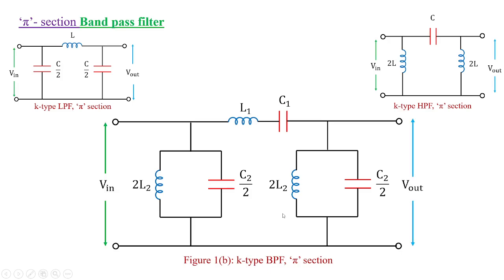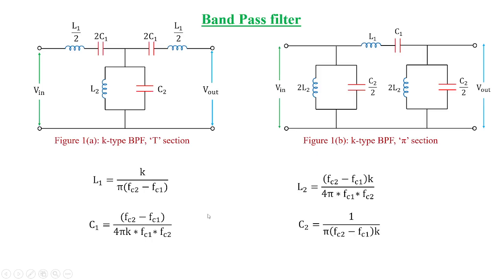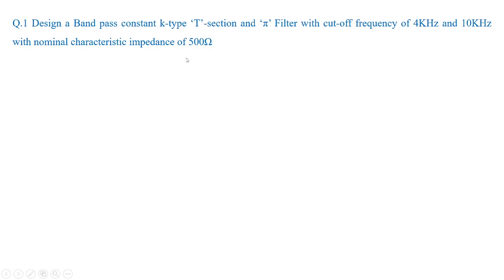So for the input signal and output signal under T section and pi section, the design parameters are L1, C1, L2, C2, and based upon these four parameters, we can design a filter. Take a given example where we have 4 kilohertz as the low cutoff frequency, 10 kilohertz as the high cutoff frequency, and the characteristic impedance is 500.